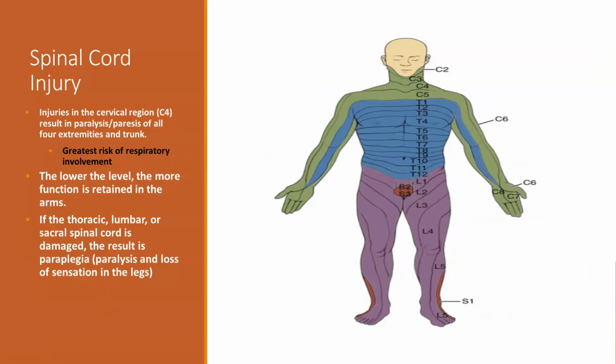So again, this illustration is breaking it down into C4 and then below C4 to the thoracic region and then back into the lumbar regions, where we would expect to see signs and symptoms. We talked about above C4, it's going to involve respiratory impairment.